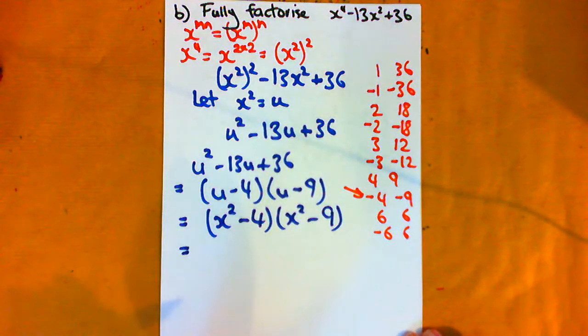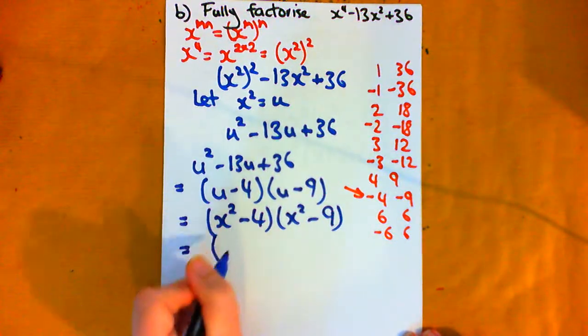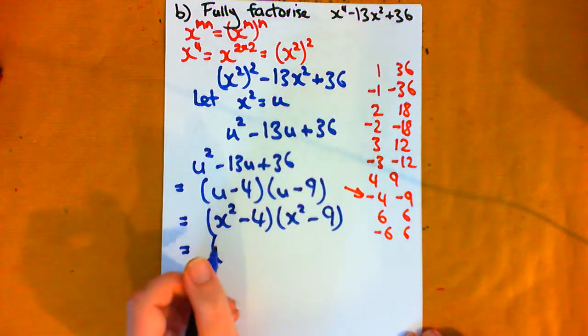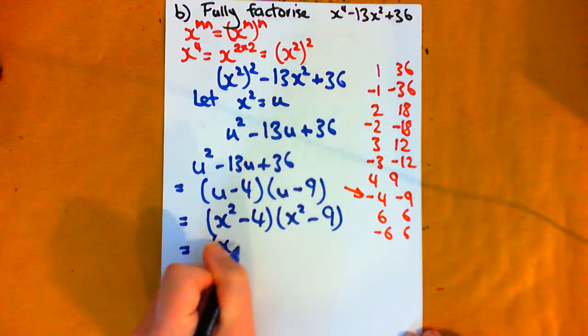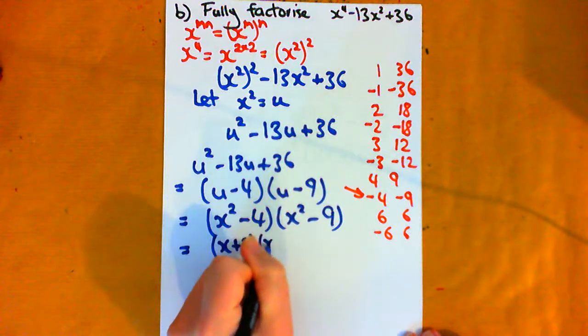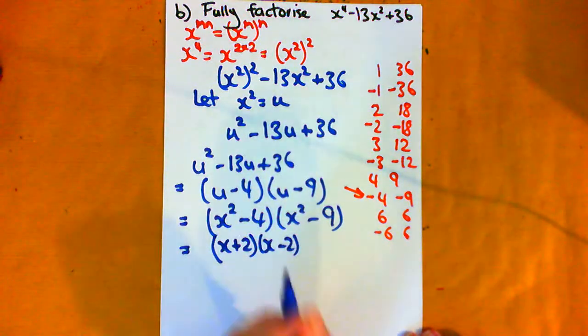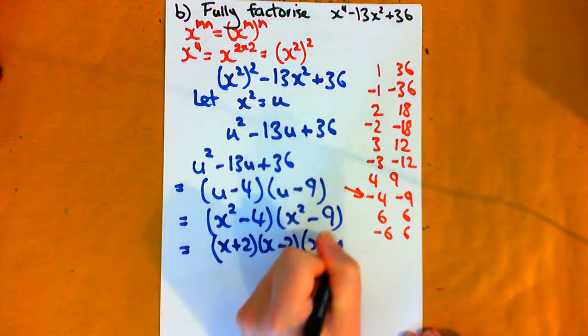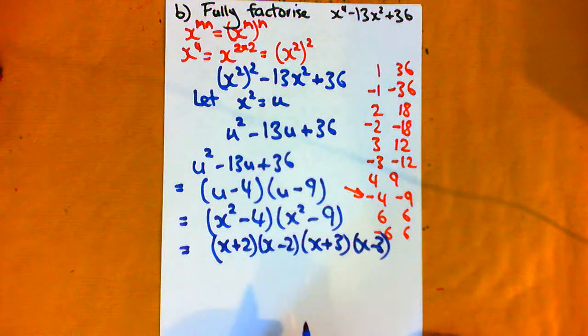Now both of these are exactly a difference of two squares. So x squared minus 4, as we saw in part A, factorises into x plus 2, x minus 2. And x squared minus 9 was a difference of two squares. That one was x plus 3 times x minus 3. Okay, so that's part B.